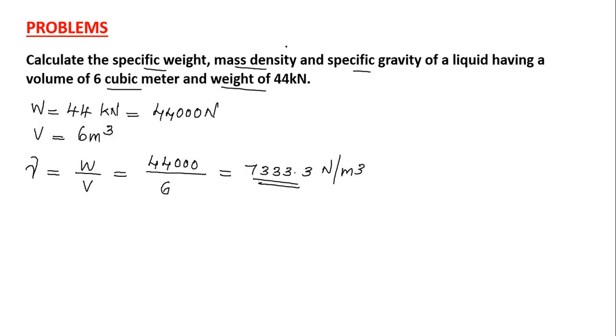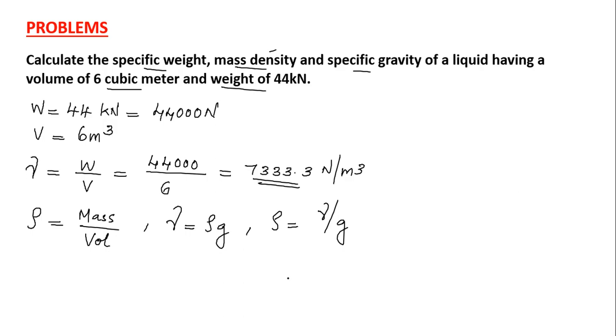Next question is to calculate mass density. Mass density is nothing but rho. Rho is equal to mass by volume. We know that gamma is equal to rho into g. From this, rho is equal to gamma by g. Gamma is 7333.3 divided by g, which is 9.81.